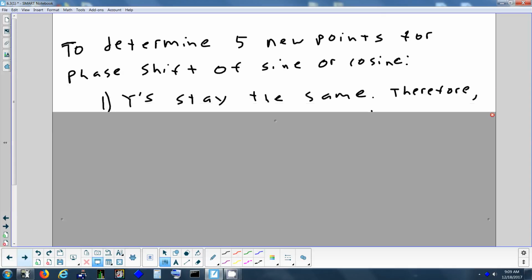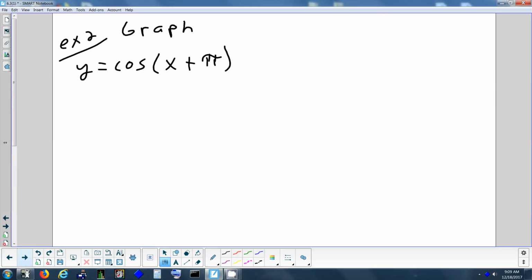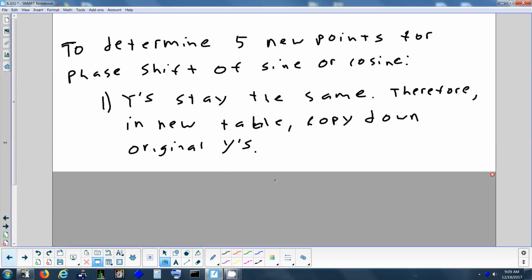So you're going to go back to the table I just gave you in your notes, and you would copy down all the y values for sine or cosine. We'll do some problems where we do a sine, and some other ones where we do a cosine. Just copy the original y values, no change there.